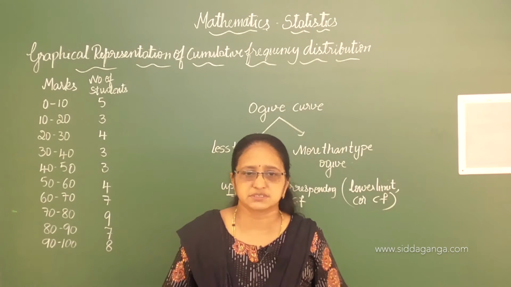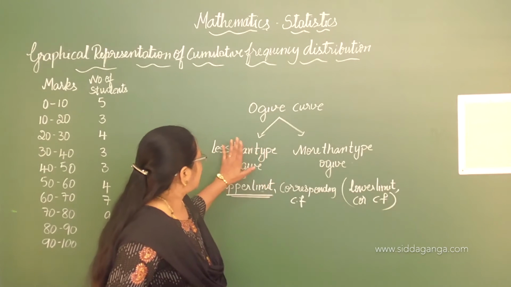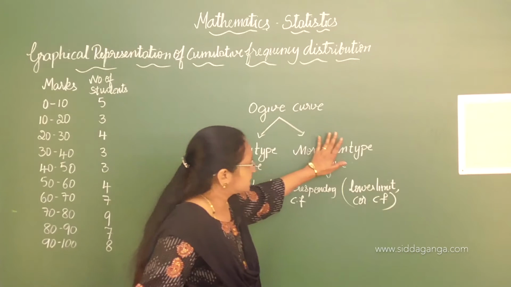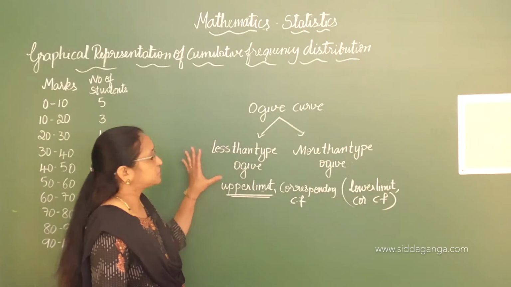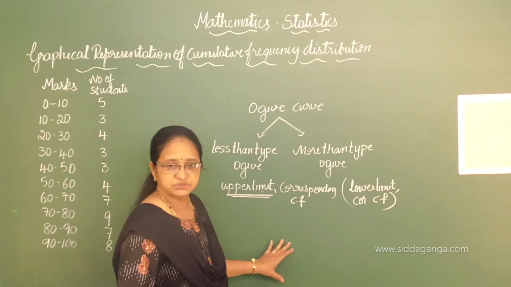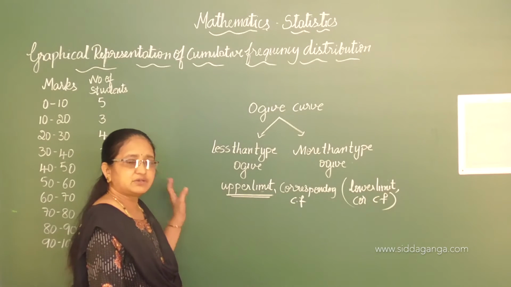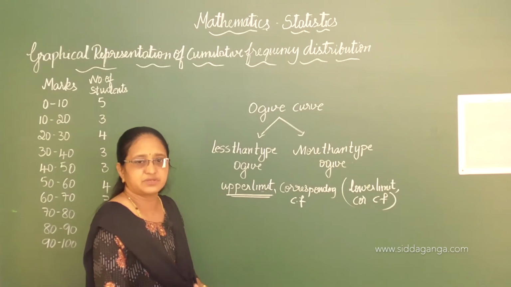Okay, we are not using a scale to join the points. So this is about the curve, and there are two types of curve: one is the less than type and the second is the more than type. By using the less than type ogive or the more than type ogive, we can find out the median, which you have already found out in the previous class by using the formula.